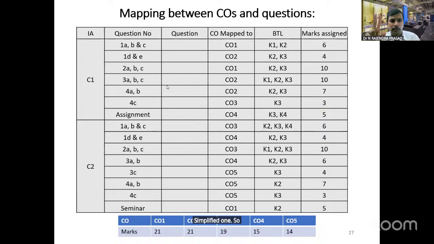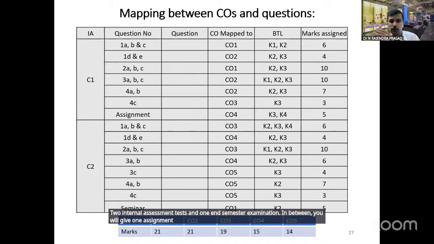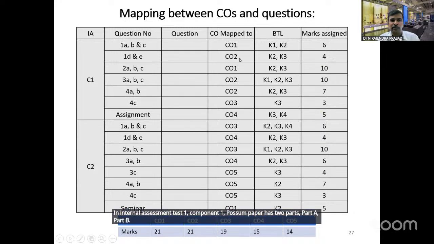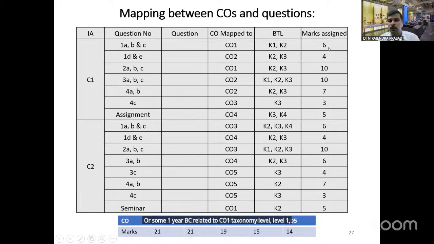Per semester, I hope you will be conducting 2 internal assessment tests and 1 end semester examination. In between, you will give 1 assignment and conduct 1 seminar for students. In internal assessment test 1, the question paper has 2 parts, part A and part B. Questions 1A, B, C are related to CO1, taxonomy levels 1 and 2, total marks 6.